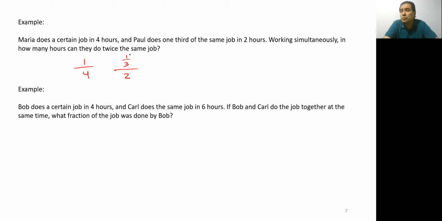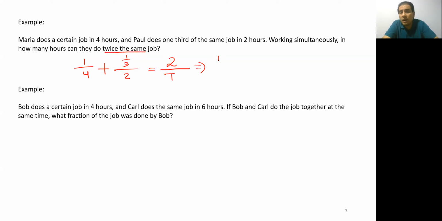Since they're supposed to be working simultaneously, I can add the rates of Maria and Paul individually, and I would get the work they did together, which is here twice the same job, that means 2 jobs, divided by the time they work together. So we can just isolate time.